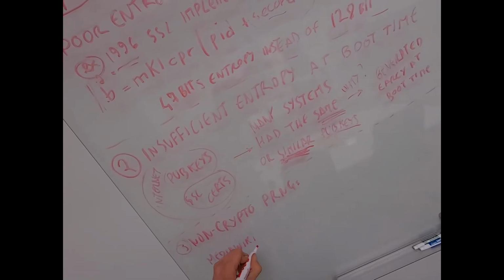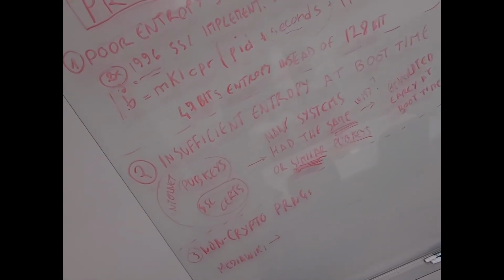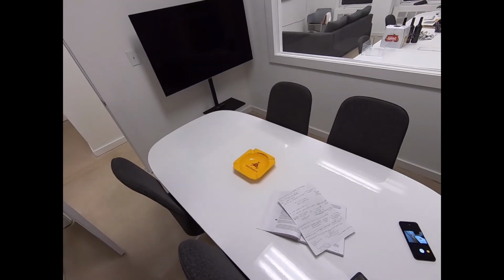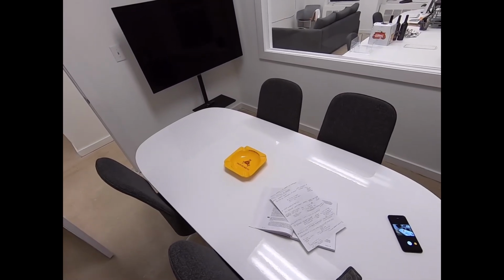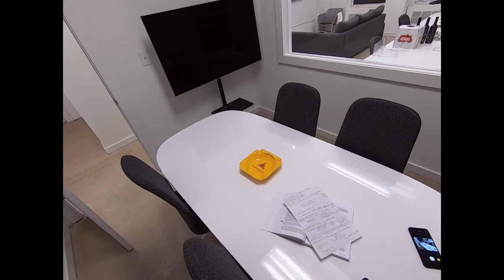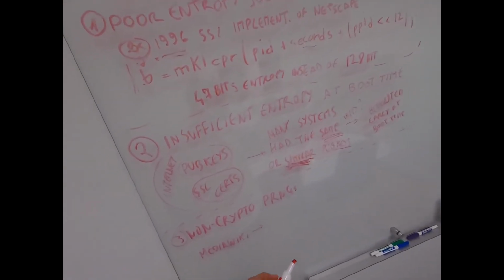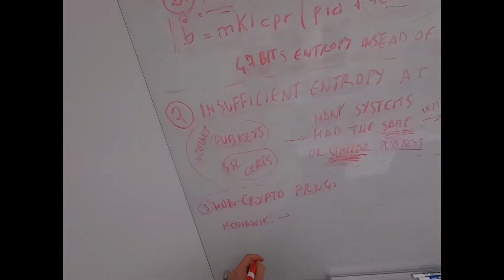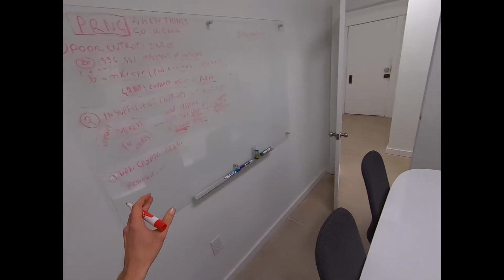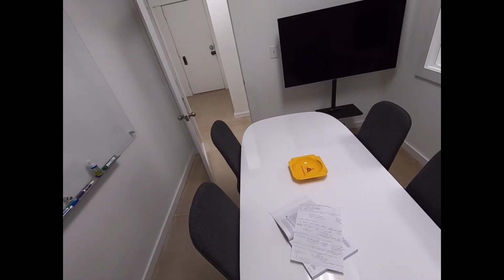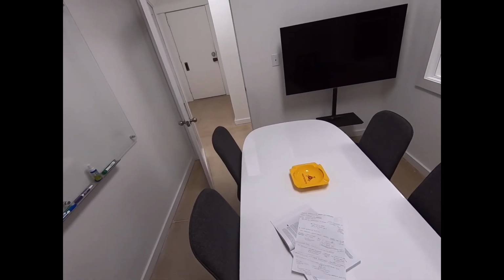MediaWiki is the system that manages all the multimedia in Wikipedia, and it was using randomness to generate security tokens and temporary passwords, using pseudo-random number generators.